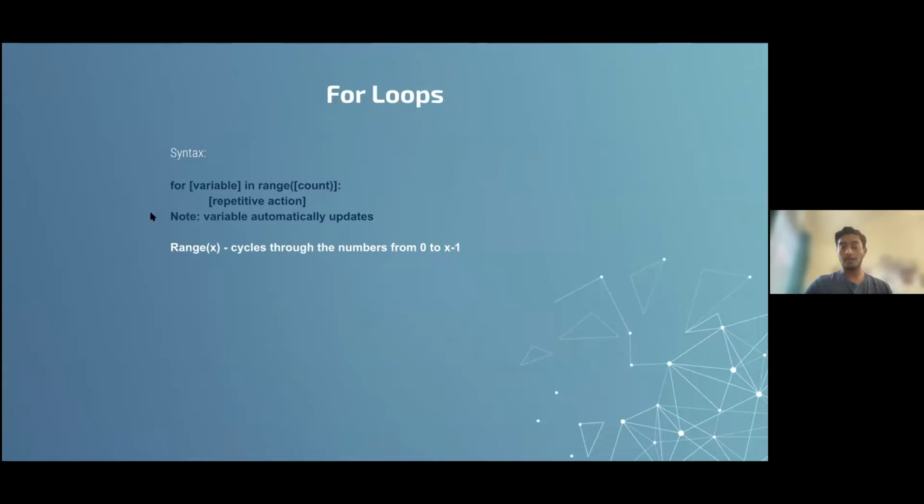The syntax for this is for a variable in a certain range, where you increase the increment of that range, it does a repetitive action. The variable automatically updates to increase the count until it hits a certain threshold. For example, the range of x could cycle through the numbers from 0 to x minus 1.